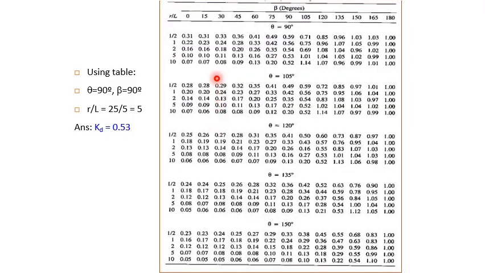For theta equals 90 degrees, which is this group here, and for beta equals 90 degrees, so that leaves us with this column here, and for r over L equals 5, the answer is 0.53.